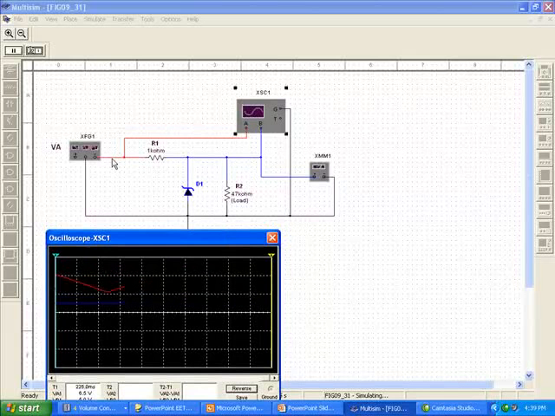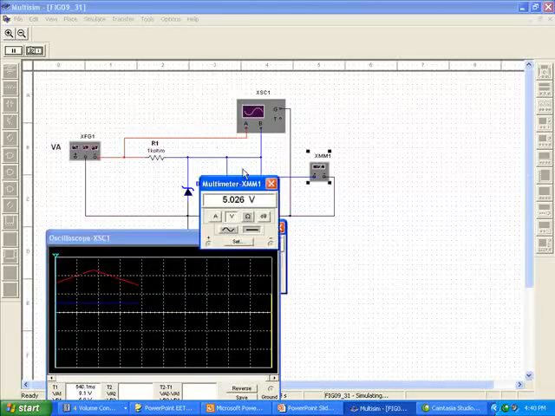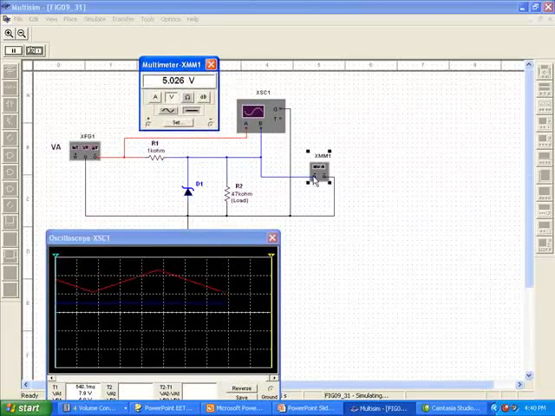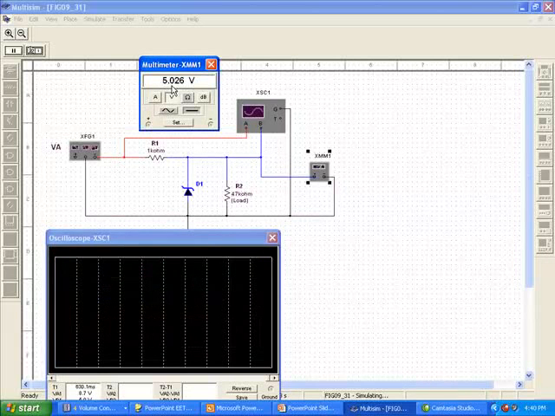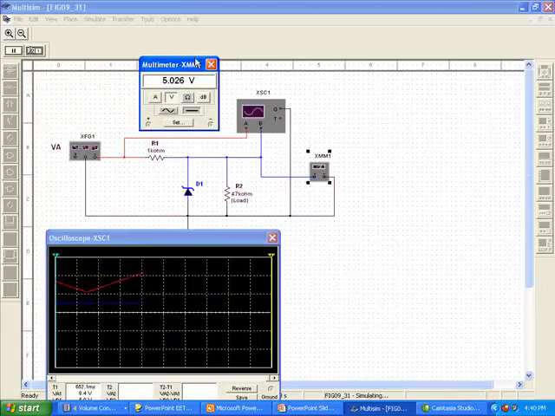Channel A is set to look at the input value, and channel B is looking at the voltage across the Zener. And you'll see that the input is changing quite radically, and yet the voltage across the Zener, the blue line, is very constant. And if we turn on the meter here, it is set across the load resistor in parallel with the Zener, and you see that it's at a very stable value right at about 5 volts.